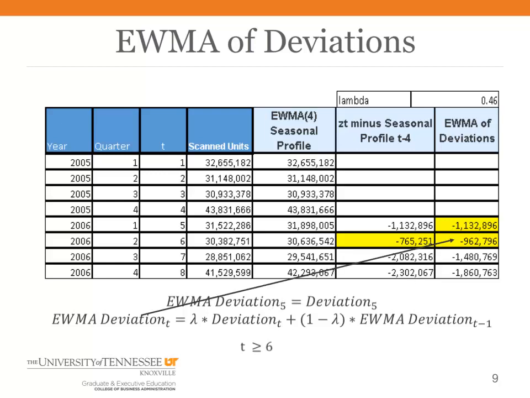The new smooth deviation for the fifth quarter, or second quarter 2006, is minus 962,796. That number is saying this: as of the second quarter of 2006, this is an estimate of how much the actuals will differ from the seasonal profile of the same quarter of the previous year.